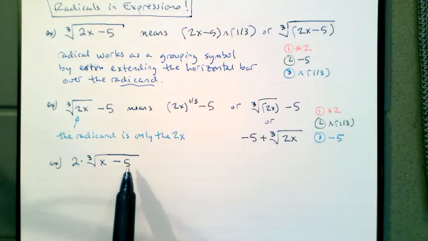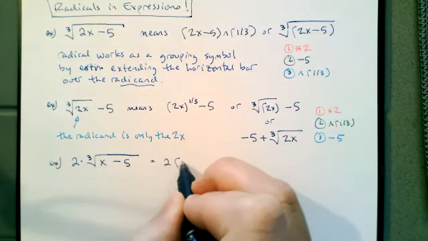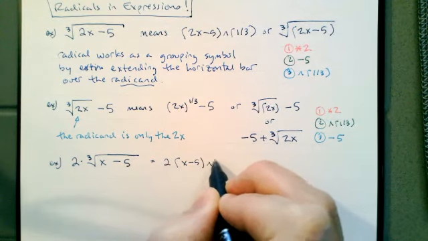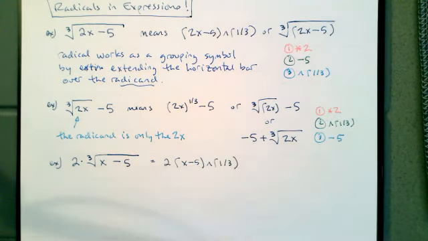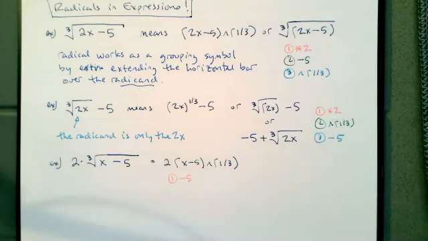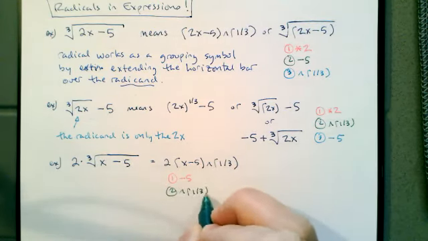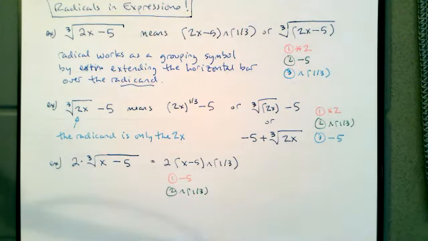First, we subtract the 5 because that's in a grouping symbol. So this is also equal to 2 times x minus 5 to the 1/3 power. And now we've got a far superior expression because it's much easier to see that first we subtract 5, second we raise to the 1/3 power because exponents come before multiplication unless parentheses, and third we multiply by 2.